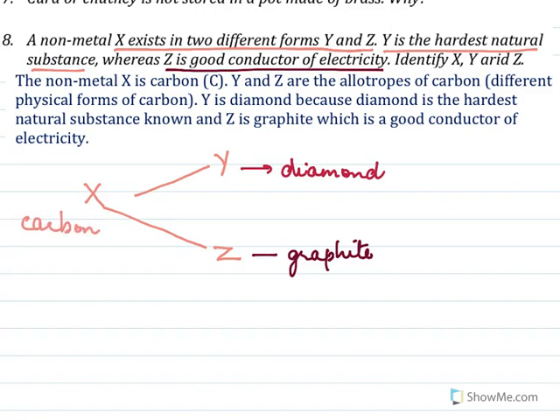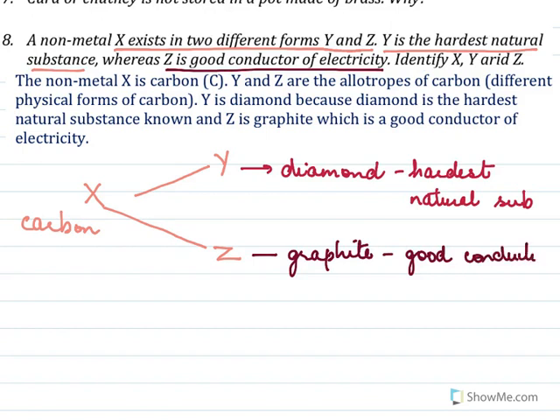So carbon has two forms. One is diamond and one is graphite, where diamond is the hardest natural substance. And graphite is a good conductor of electricity. In the earlier slide, we saw why it is a good conductor, because it allows current to pass through it. If you recollect, this property is called allotropy. It's where an element exists in different forms.